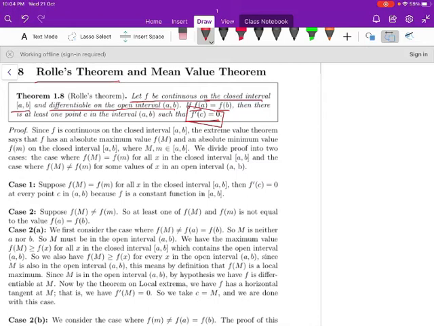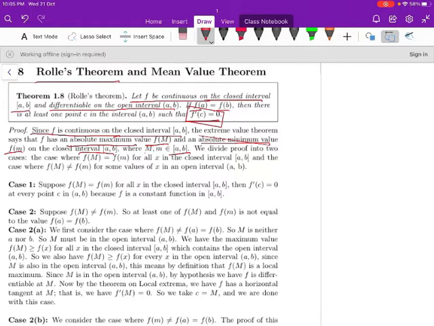Now let us move to the proof of Rolle's theorem. Since f is continuous on the closed interval [a, b], the extreme value theorem says that the function f has both an absolute maximum value, that is f(M), and an absolute minimum value, that is f(m), on the closed interval [a, b], where M and m belong to the closed interval [a, b].